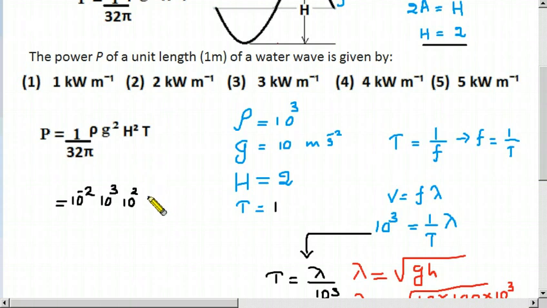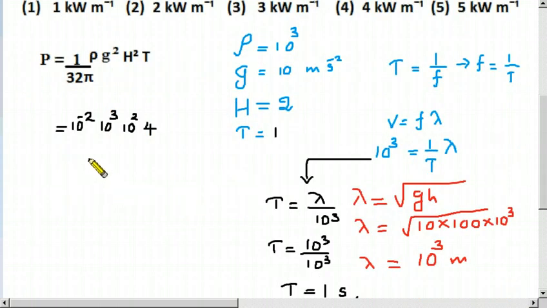Then the square of that 2 is 4. Capital T is 1, therefore we don't have to write it. Then this 10 power minus 2 and 10 power plus 2 cancel each other. Then 4 times 10 power 3 is the final answer.